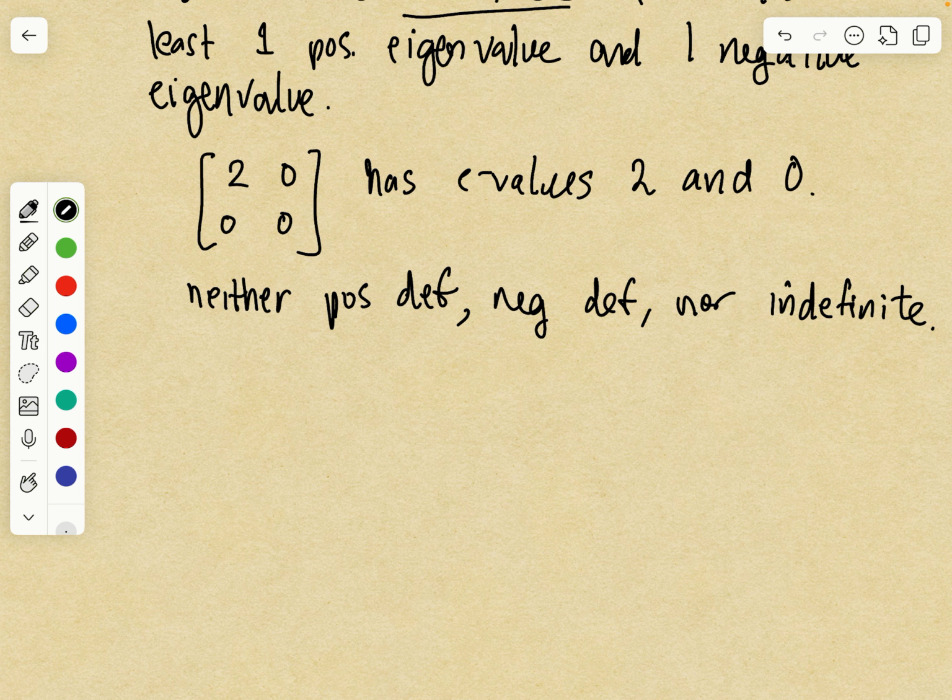So let's take a look at an example. Let's say that you take this matrix (1, -4, -4, -5).